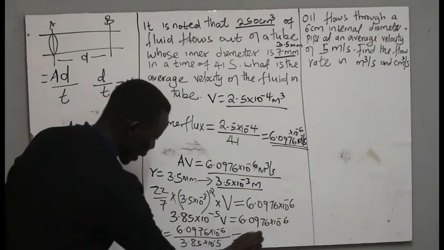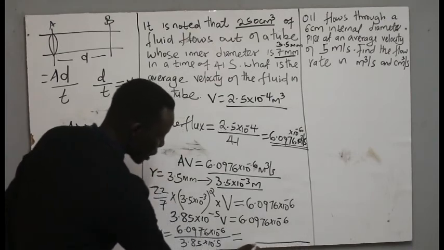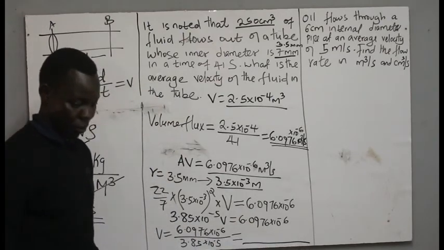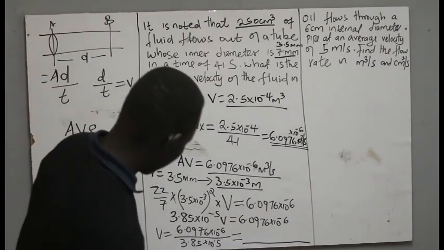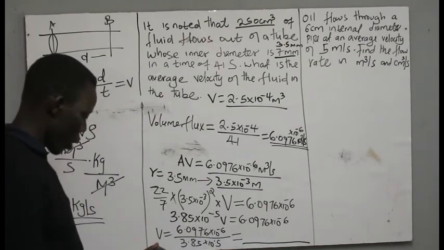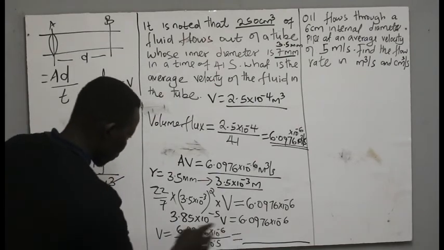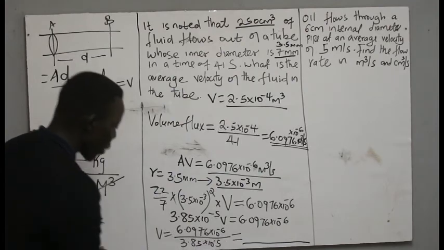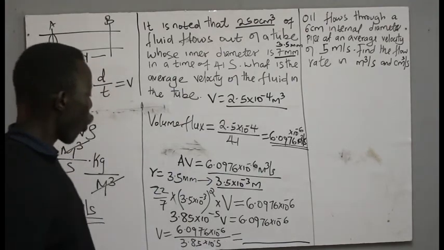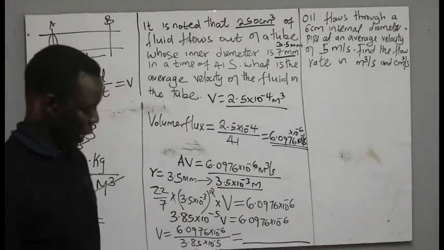What you will get over there would be the velocity. Now let's see. The whole of this you put in brackets, then you divide by 3.85 times 10 power negative 5, also in brackets.